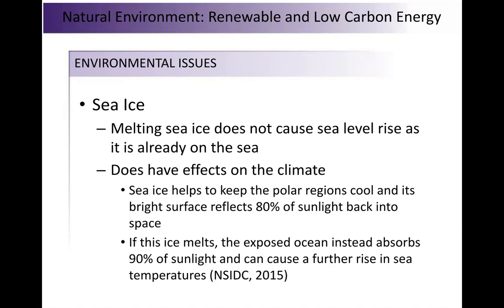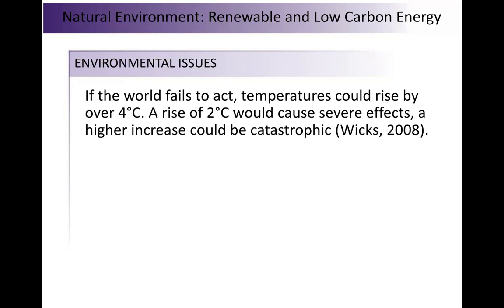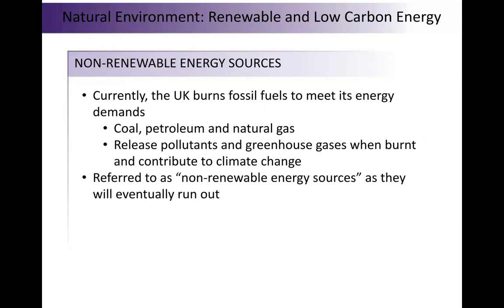If this ice melts, the exposed ocean instead absorbs 90% of sunlight and can cause a further rise in sea temperature. Now, I'm not going to cover that any further, but I wanted you guys to understand that. These facts come from the United Kingdom, and I will cover the global effect.